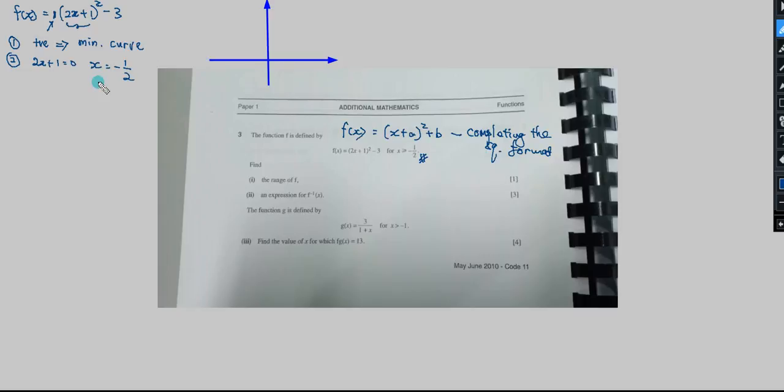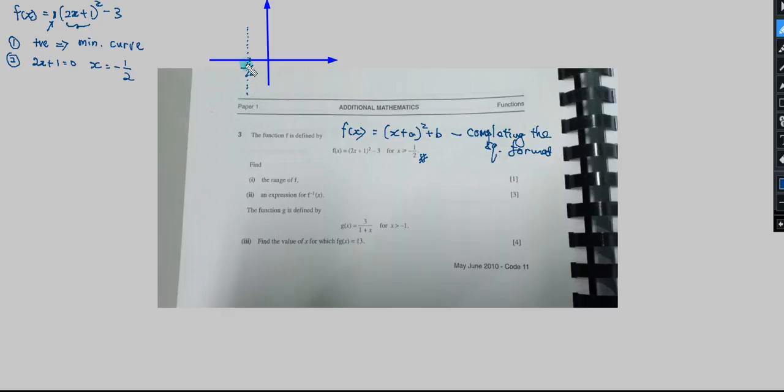Basically, it's saying that the x coordinate of the minimum point of the curve is minus half. We know it's along the vertical line x equal to minus half.